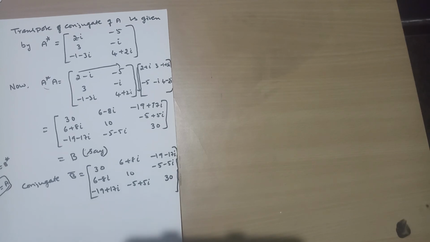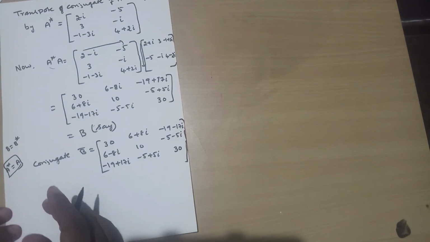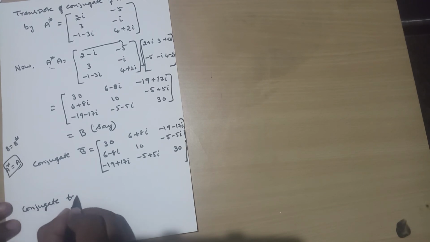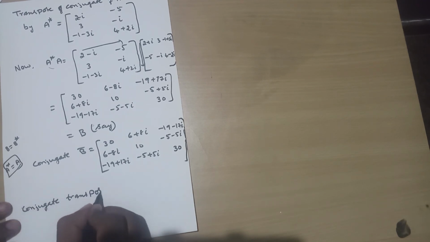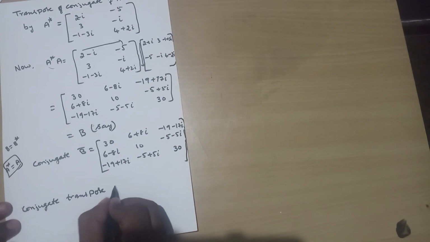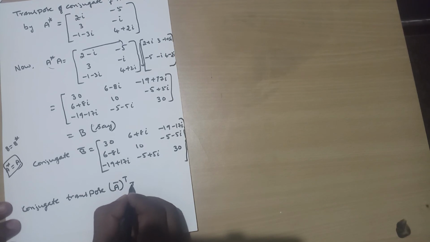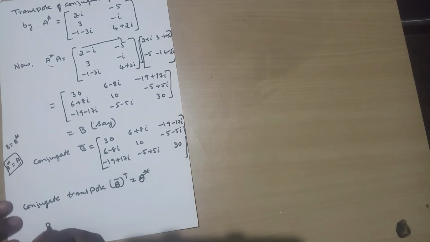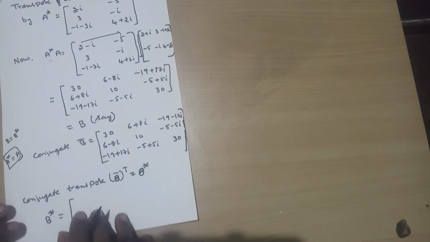Okay, so now transpose for this one. So if you take the transpose, what do you get here? Conjugate transpose, that means, or you can write, sorry, this is B I taken, so B star. So B star equals, what do you get here now?